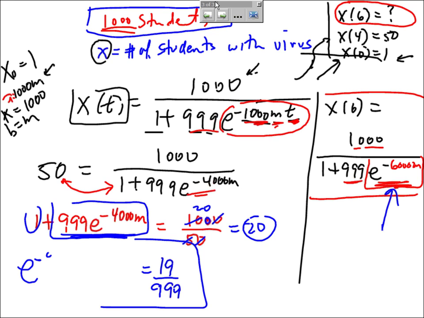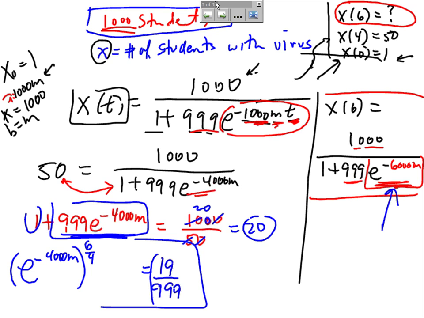E to the negative 4,000m is equal to 19 over 999. If I divide by 4, if I raise it to something over 4, that power will become negative 1,000m. Then I multiply by 6. I'm going to get e to the negative 6,000m.